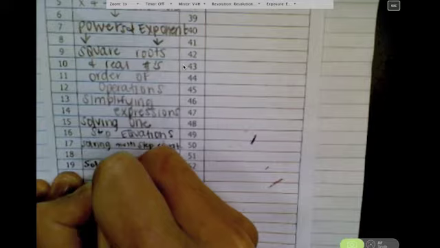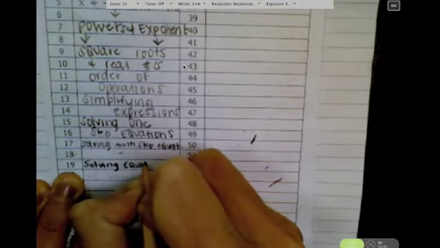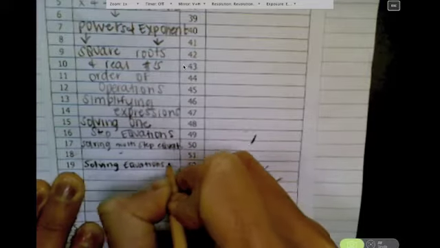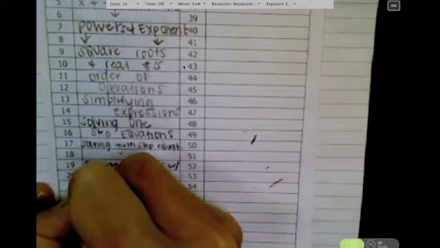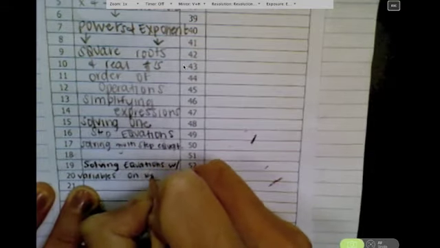Today we're going to be talking about solving equations with variables on both sides.